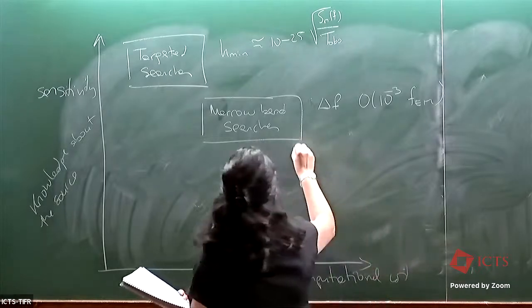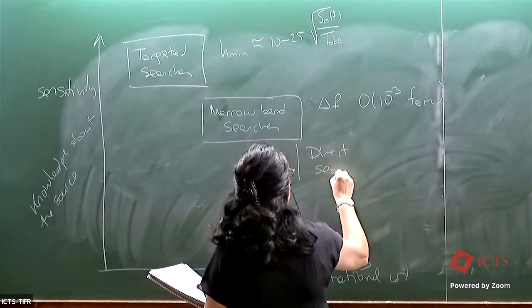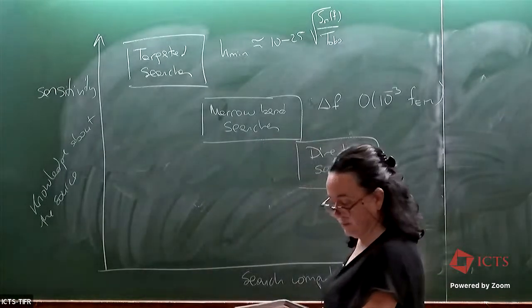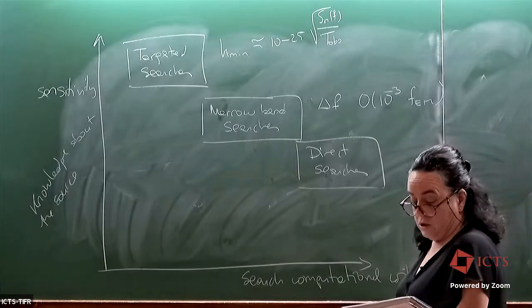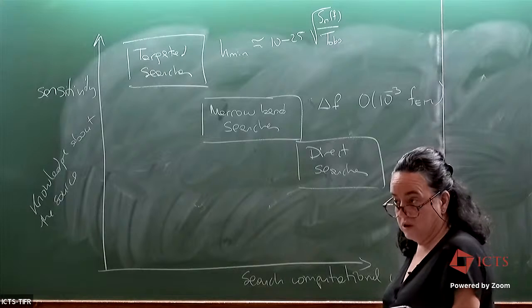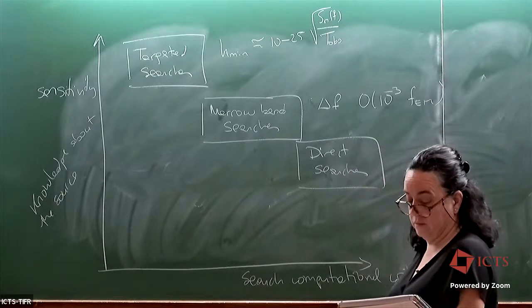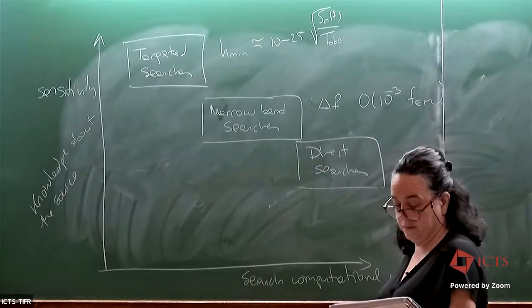Another type of searches we can do are direct searches. Here, the information that is known is the sky position, but we have no information about the frequency.